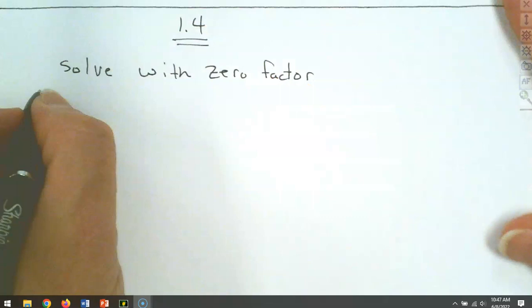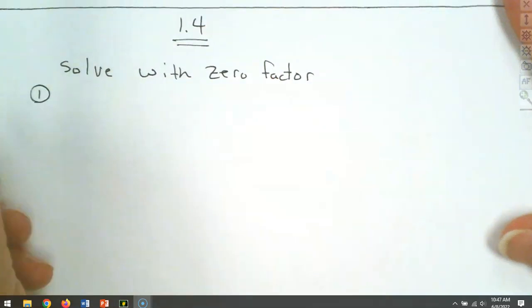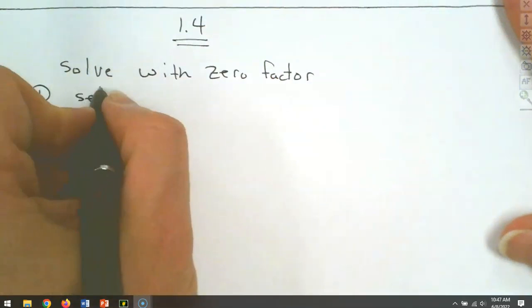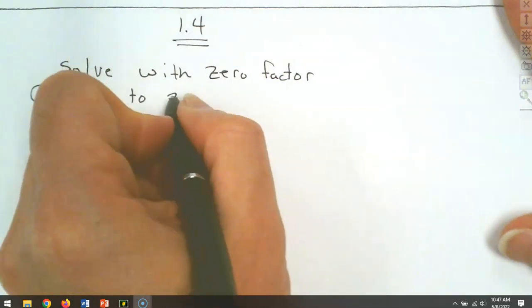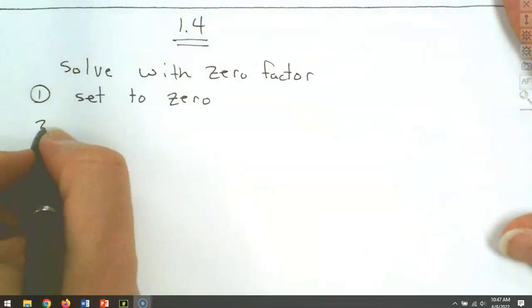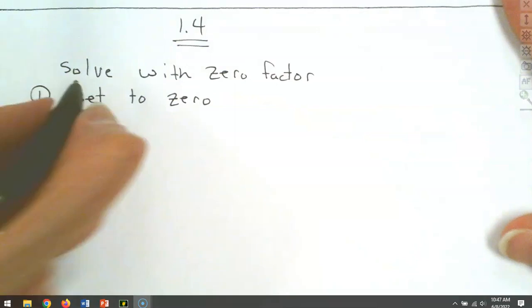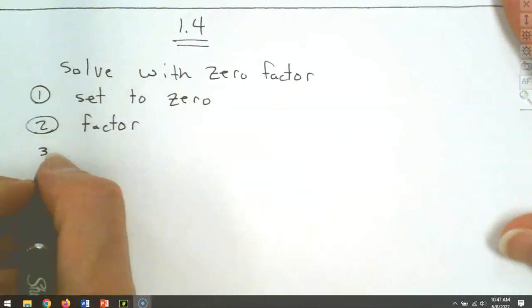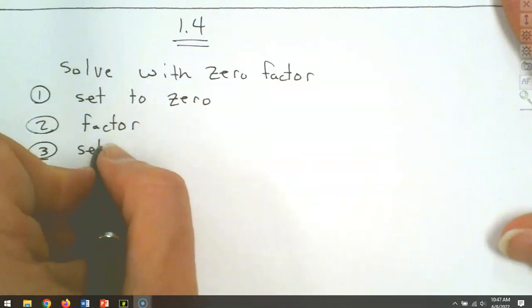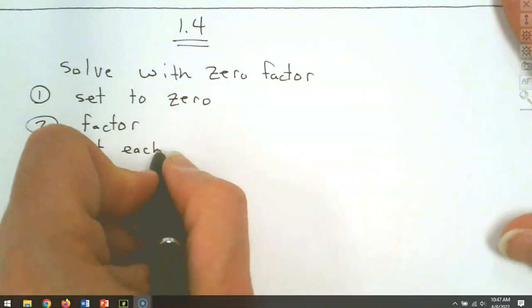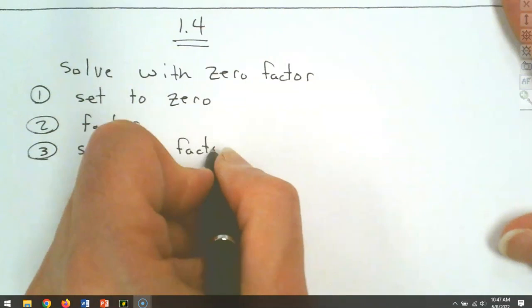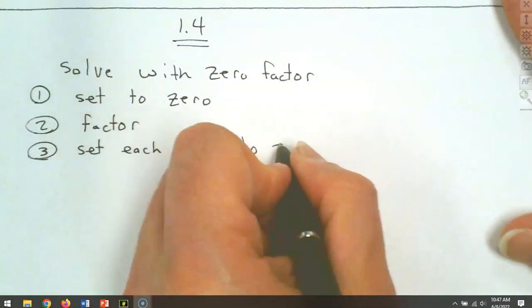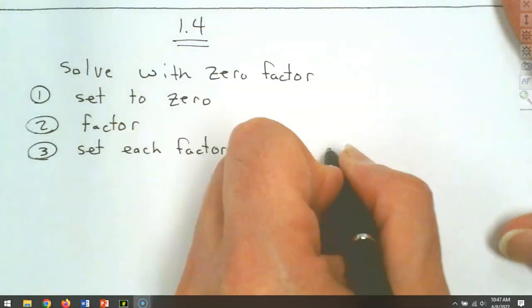So how do we solve something with zero factor? Step number 1 is you set to 0. Step number 2 is you factor. And step number 3 is you set each factor to 0 and solve.